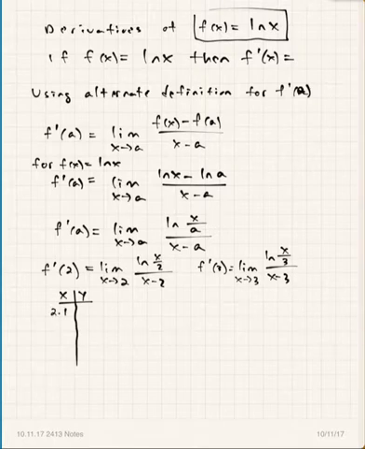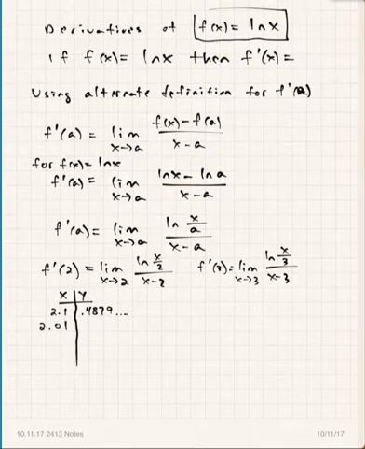If x is 2.1, then the value is approximately 0.4879. I substituted 2.1 into my function, natural log of x over 2, over x minus 2, and I get 0.4879. Then I put in 2.01, and my calculator gave me 0.49875.